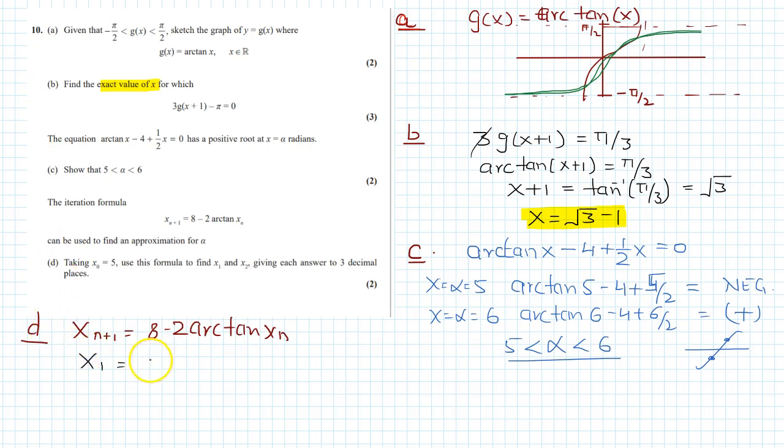So x1 will be 8 minus 2 arctan, n is 0, x0 is 5. So that is equal to 5.25319. 5.253 to 3 decimal places.